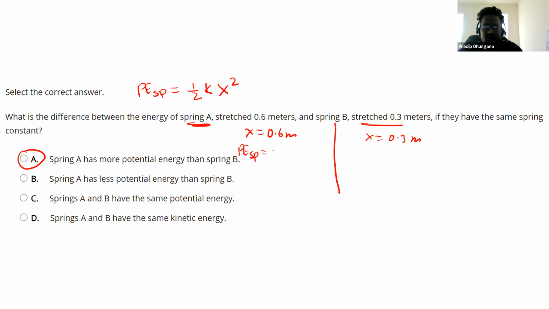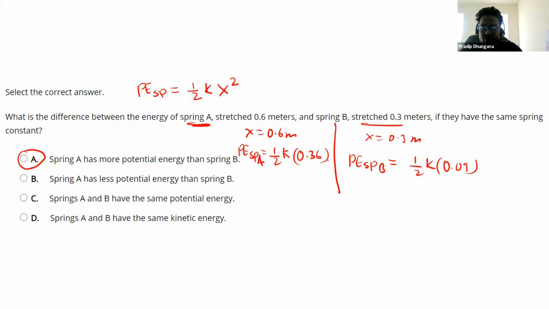Potential energy of spring A is 1/2 k, the spring constant as it is, times x squared, 0.6 squared is 0.36. And for spring B, the same thing. I'll write A for spring A, B for spring B. 1/2 k times x squared, 0.3 squared is 0.09.